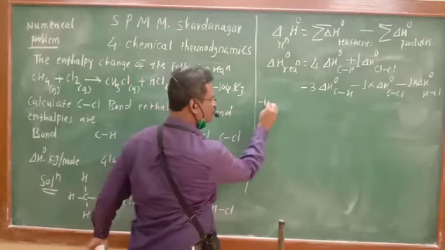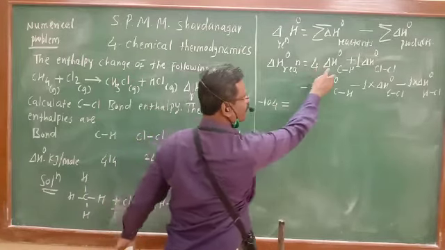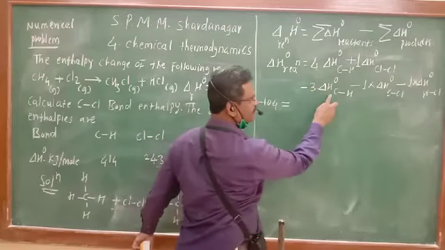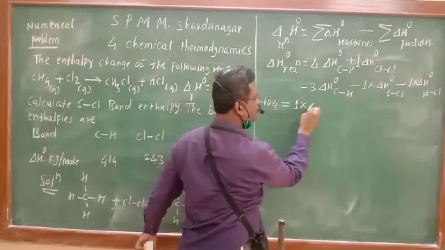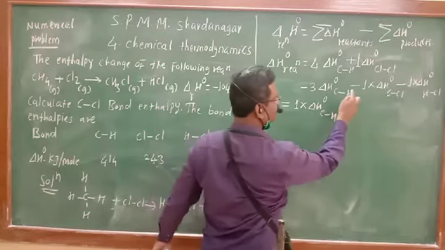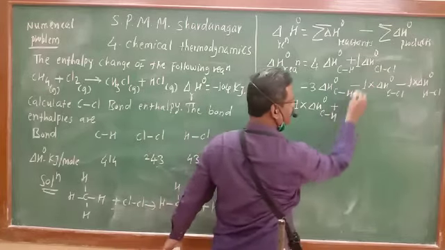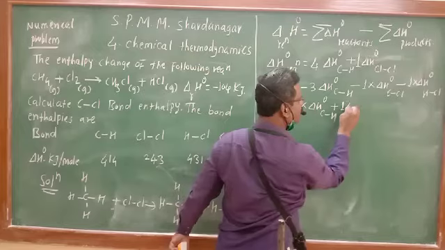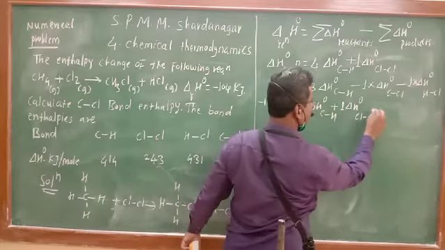So minus 104 is equal to 4 delta H naught CH minus 3, it is nothing but 1 into delta H naught of CH, plus 1 delta H naught of ClCl.